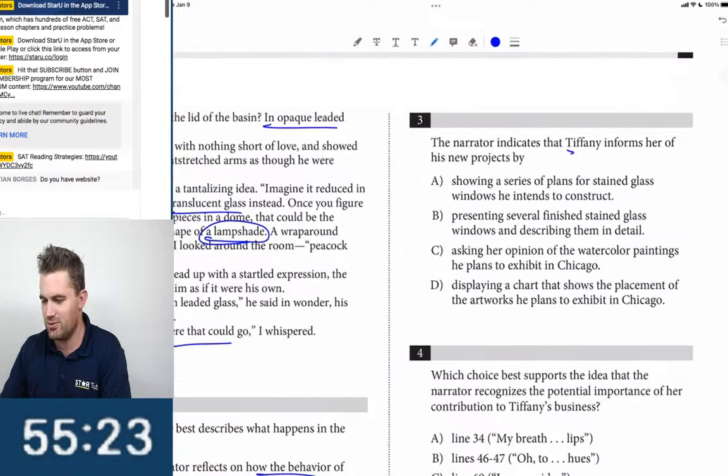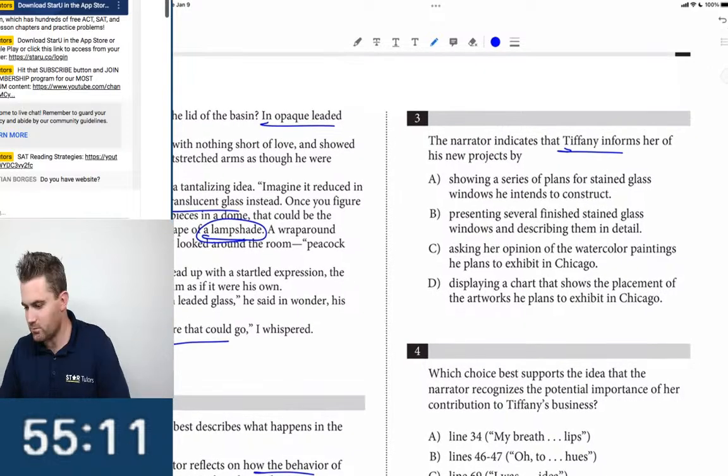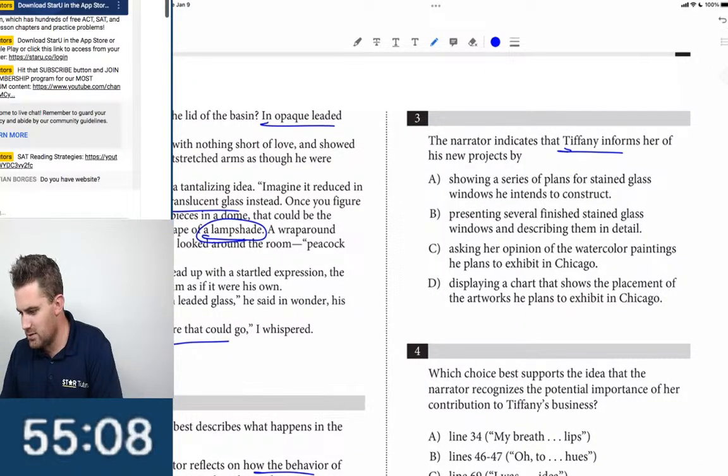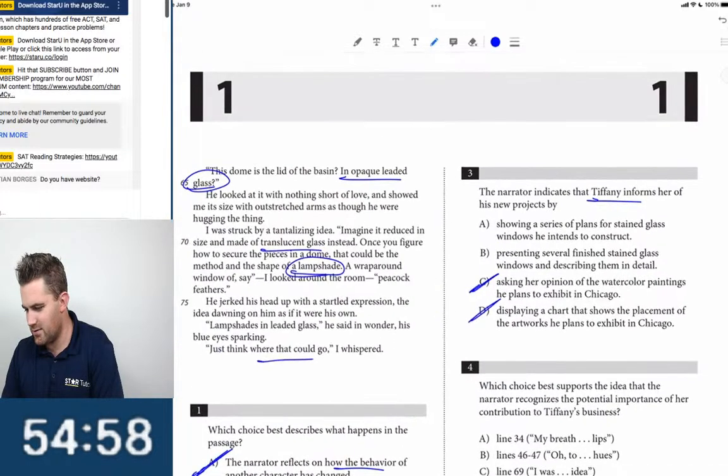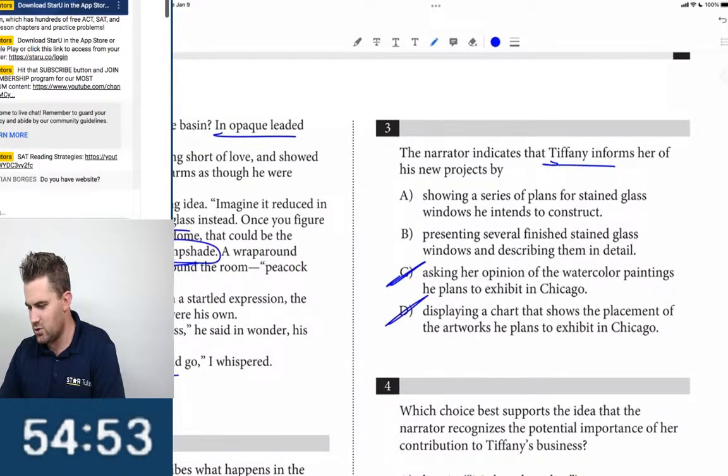The narrator indicates that Tiffany informs her of his new projects by showing a series of plans for stained glass windows he intends to construct. Maybe. Presenting several finished stained glass windows, describing them in detail. Maybe. Watercolors? I don't think so. I think it's stained glass, right? Displaying a chart? It's definitely not displaying a chart. So guys, this is another great example of elimination.